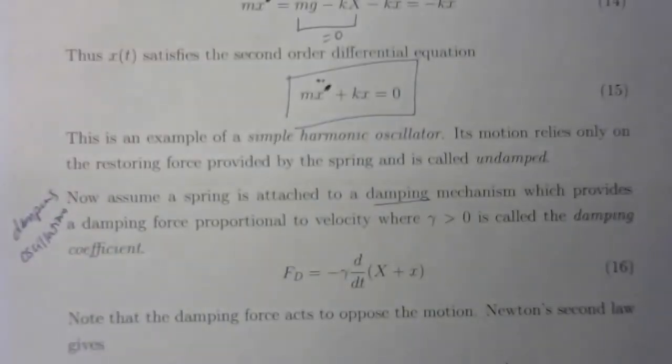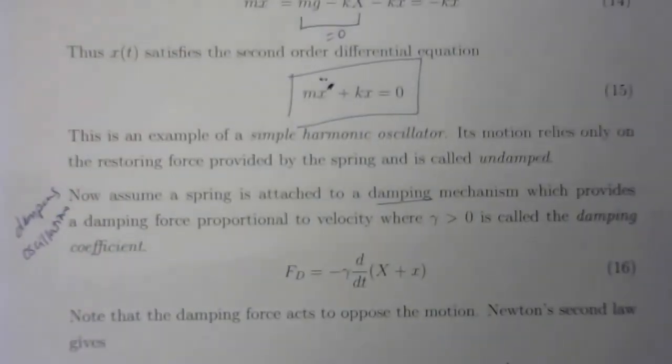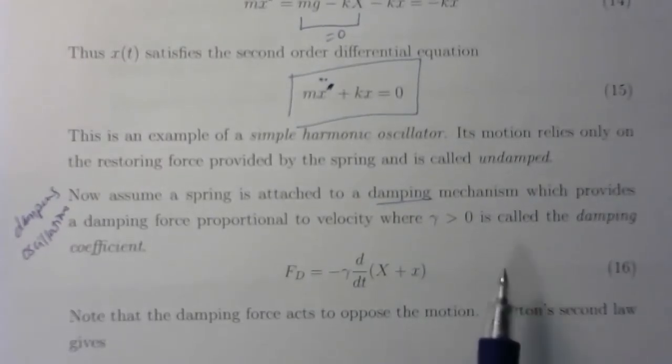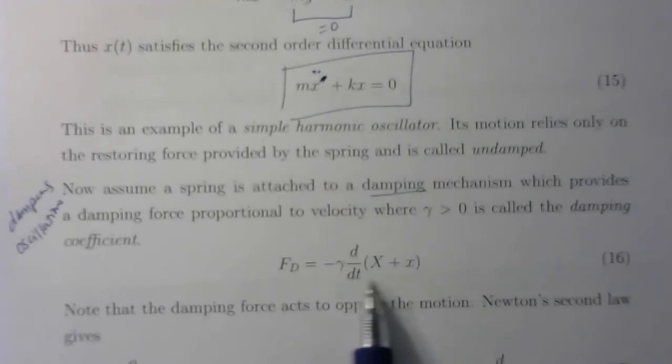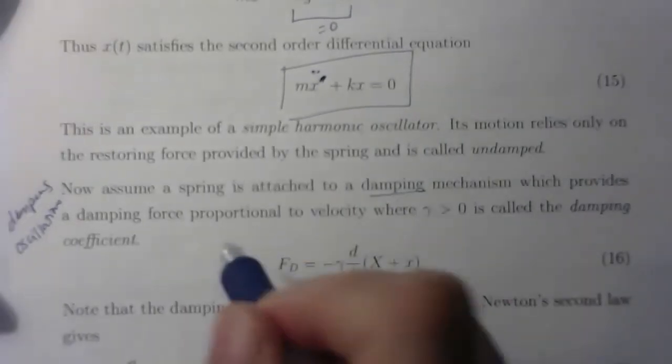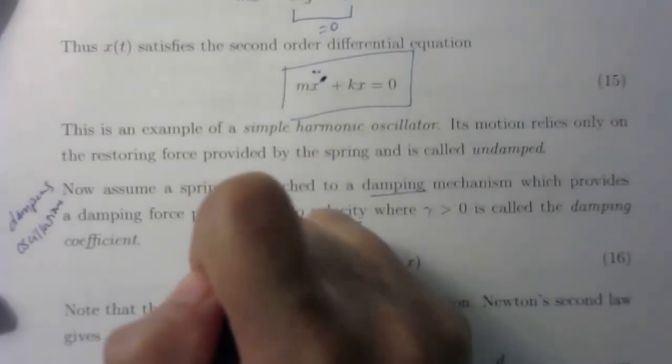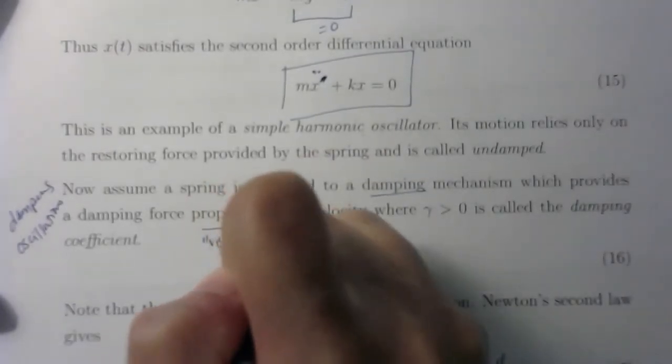Okay, so there are a lot of different ways to model damping, but a very common way is what we call viscous damping, wherein the damping force is proportional not to the displacement, but to the rate of change of the displacement, or the velocity. So this is called viscous damping.